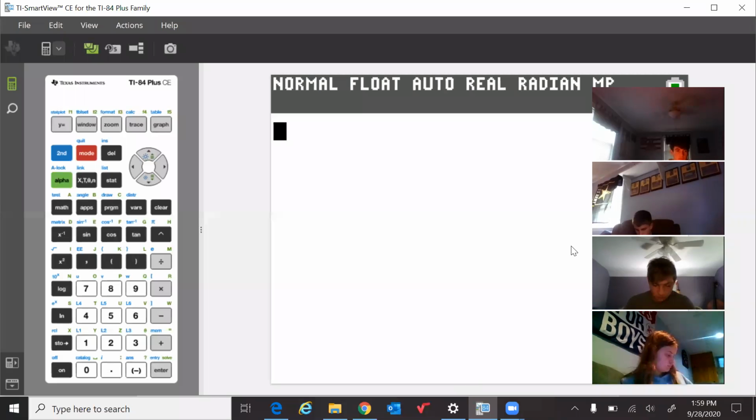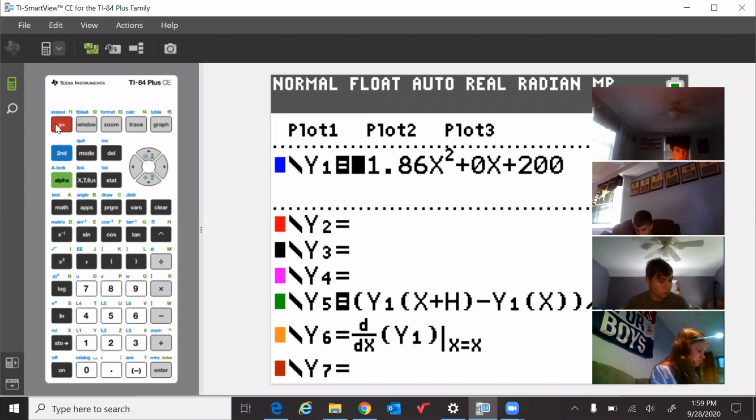So let me just go back here and say, here's what we have, which is the negative 1/2 times the force of gravity in units per second squared plus the initial velocity plus the initial height. Here's the difference quotient.